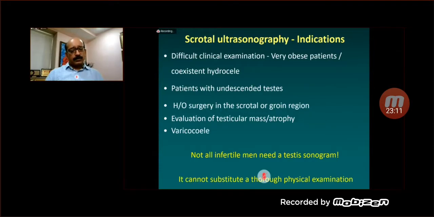Of course, for varicocele also, if documentation is required. Otherwise, for a varicocele, it's always advised that one should go with the clinical examination. So not all infertile males require a testicular sonogram, and it cannot be a substitute for a thorough physical examination.